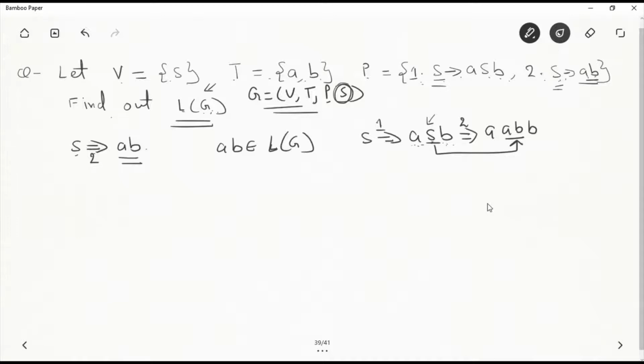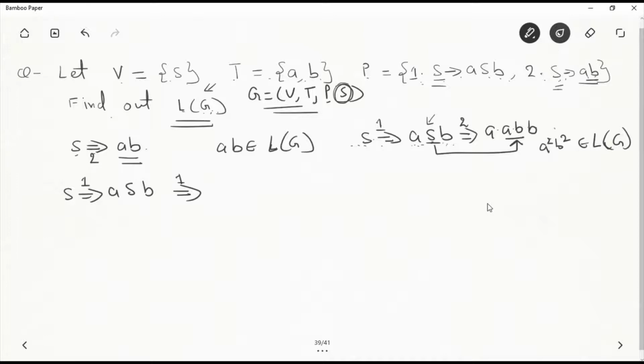So we are getting the string AABB, which is derived from the start symbol. So we can say that A square B square belongs to L of G. Again consider S is rewritten as ASB.